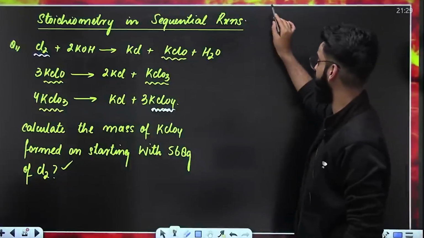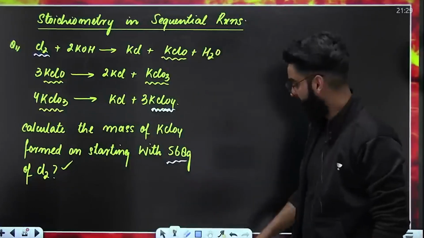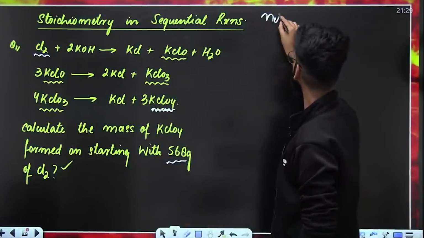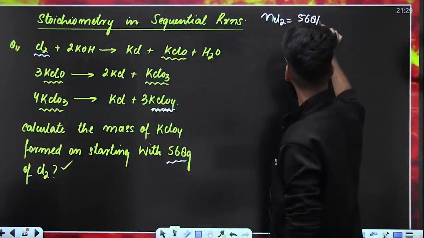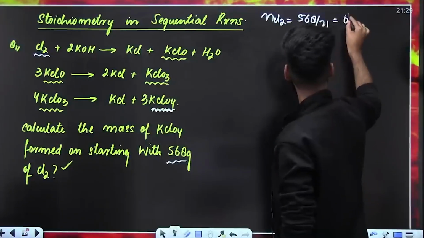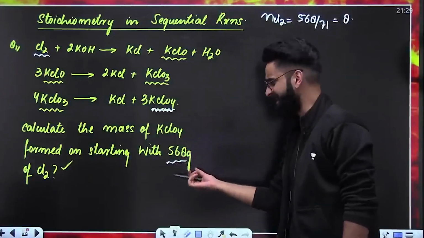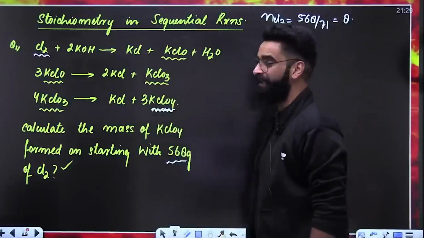In the mole method, always the first step is to convert the given quantity into number of moles. The given quantity here is the mass of Cl2. Convert the mass of Cl2 into moles: given mass of Cl2 in grams, divided by the molar mass of Cl2. It comes out to be 8. So whether you say you are starting with 568 grams of Cl2, or you can say you are starting with 8 moles of Cl2.